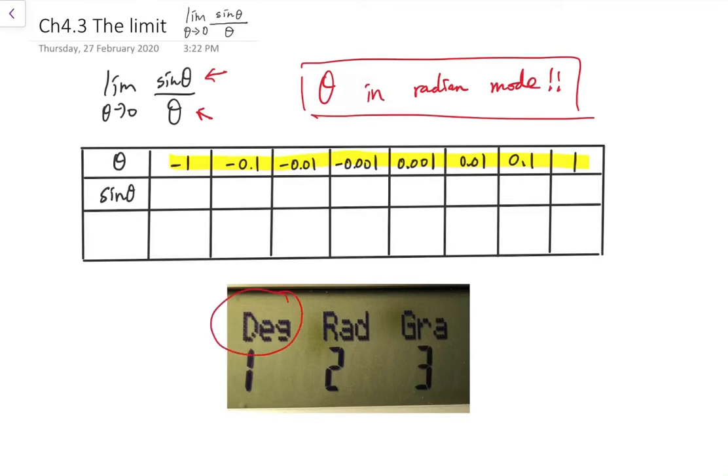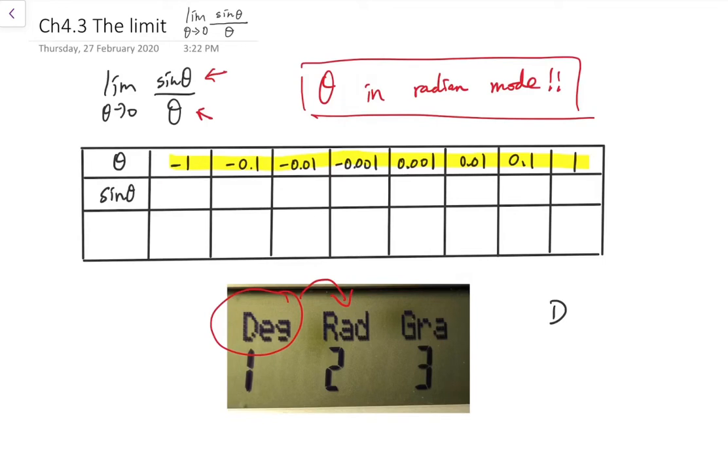But bear in mind, in the calculator, usually we are using the degree mode. And now you need to change it to radian mode. So now please switch on your calculator. If you see a D on your screen, then it is in degree mode now.